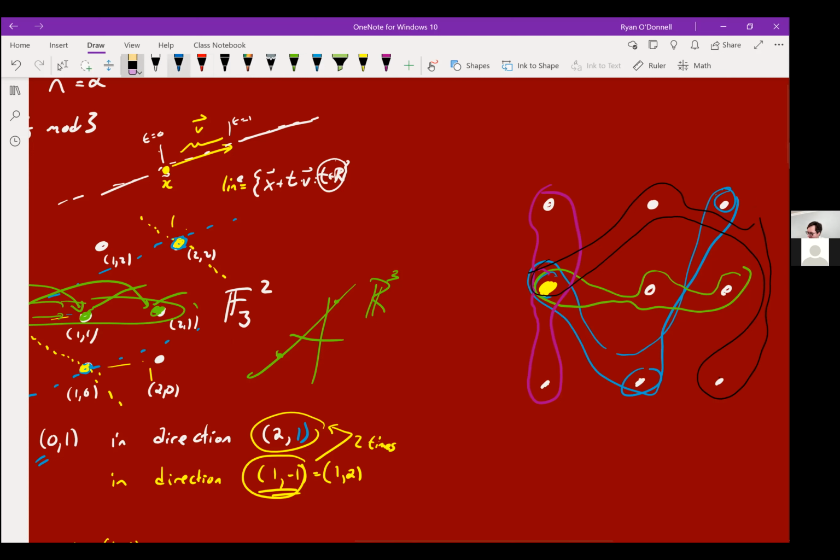Now we could try to see if there are other lines, right? But I guess there won't be. Because if you start at this yellow point, if you believe that any 2 points define a line, then you can pick your favorite other point, but then you already have the black line that goes through them. So probably this is all the lines.